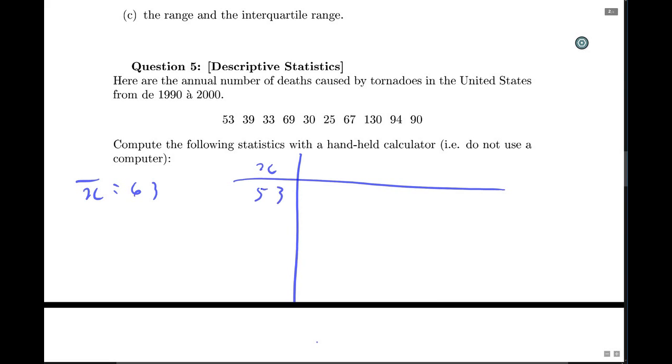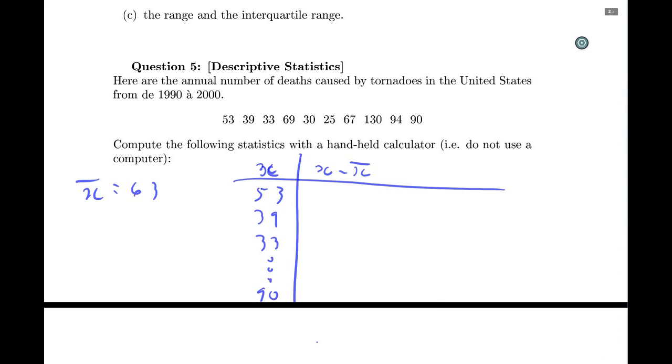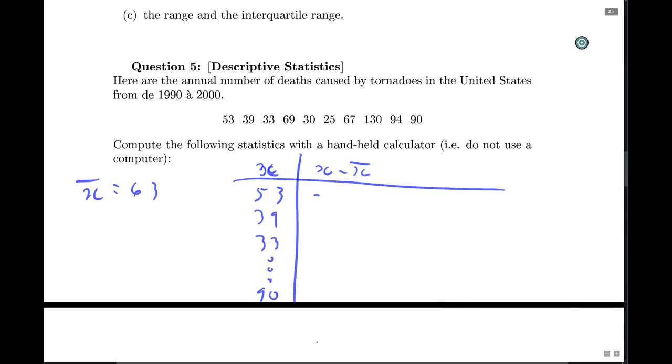observations. So here we have 53, 39, 33. Of course, in the video I won't put all the values, but you would have to put all the values right up to 90. And then what we'll need is to compute the difference between the observation and the sample mean. So I do 53 minus 63.